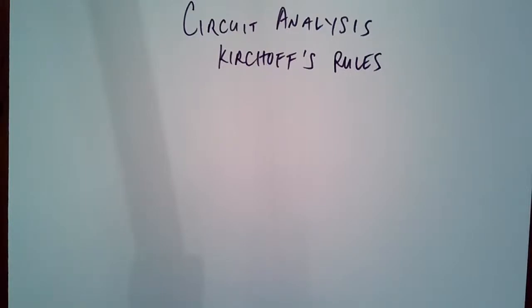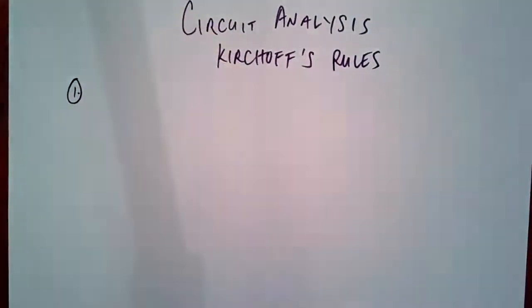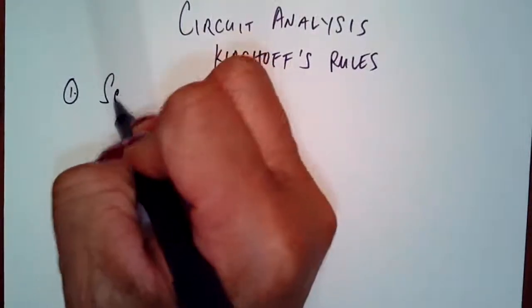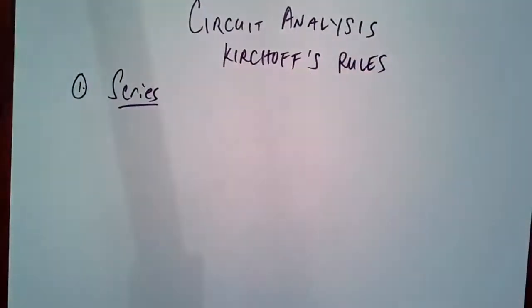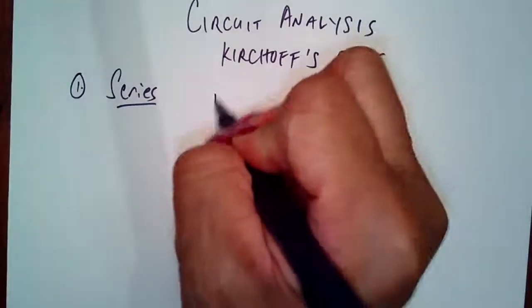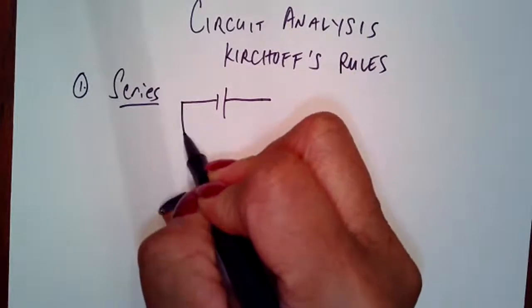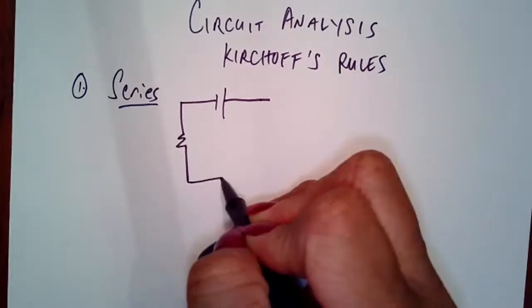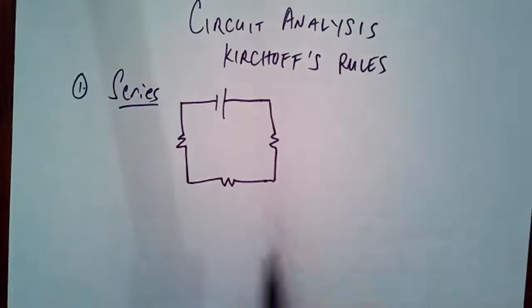So I'm going to start off with a very simple circuit. Call this example 1. So let's look at a series circuit with 3 resistances. Let's call this R1, R2, and R3.